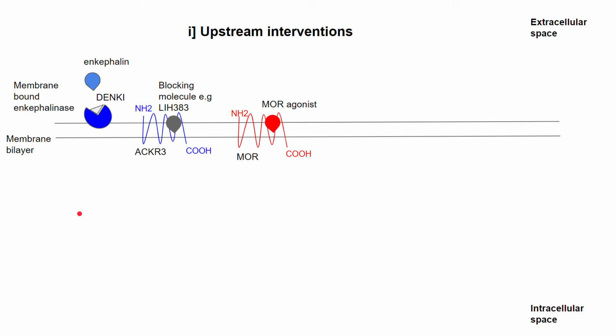So back to the aim of research approaches to maximize analgesia and reduce tolerance and withdrawal. There are a lot of upstream interventions which can provide more permanent solutions, which can maximize our own intrinsic pain relief mechanisms.